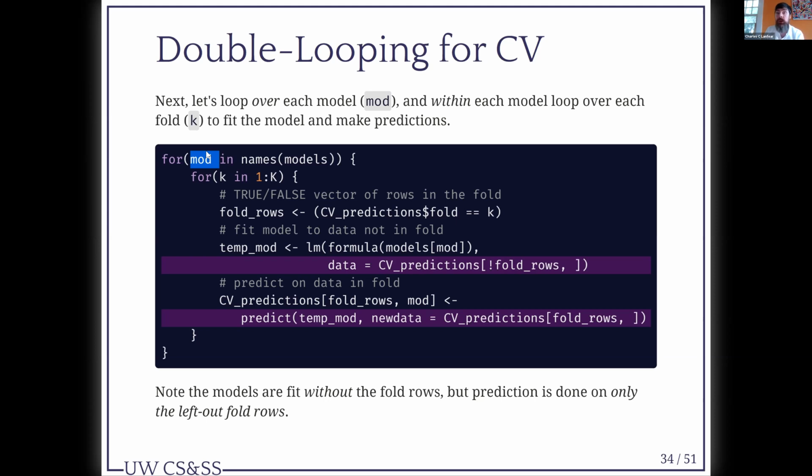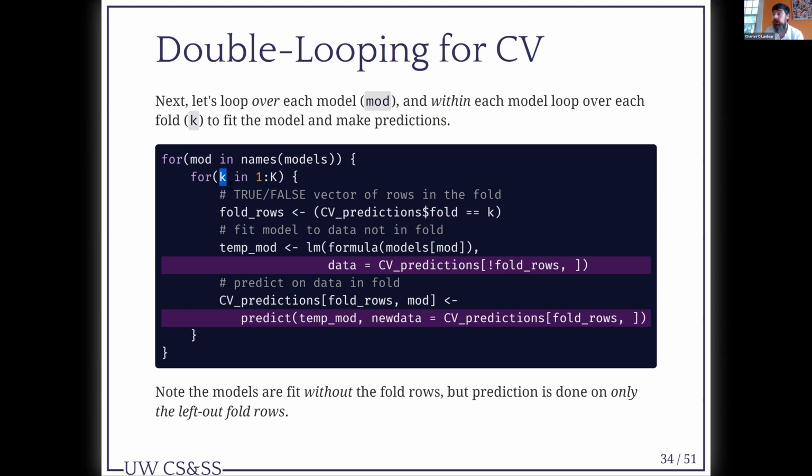Okay, where we're going weird is we've got another loop in here. So for now, let's imagine mod is just intercept only, the first iteration, okay? Then what we're going to say is for k in 1 to capital K. Remember, capital K is just the number 10. So this is literally for k in 1 to 10. So for the first iteration, k is the number 1. So first iteration, mod is intercept only, k is 1.